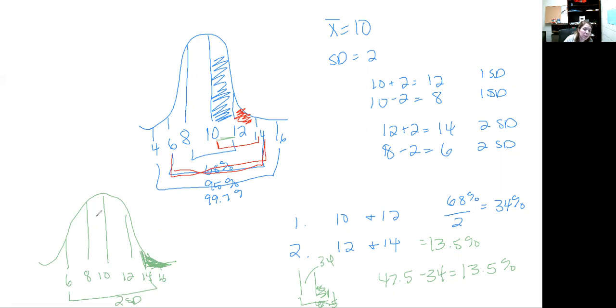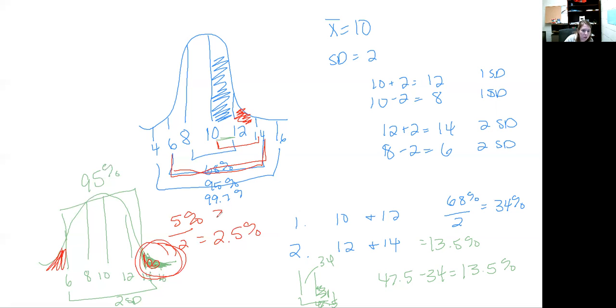And what we can do is we can find the middle of this, and we know that 95% of our data falls from here to here, 95%, okay? So then that means what we have left over is this part and this part, but we only want this part. So that means what we have left over is 5%, right? And if we only want the top of it, then that means it's half of this. So if we divide this by 2, that would leave us with 2.5%. So number 3 is 2.5%.